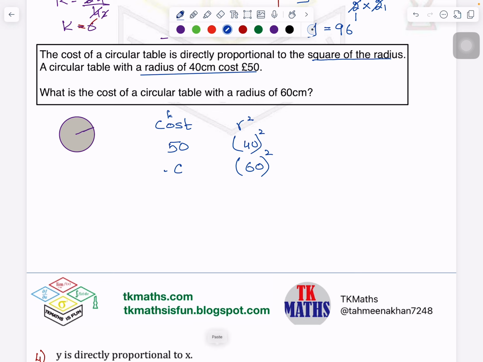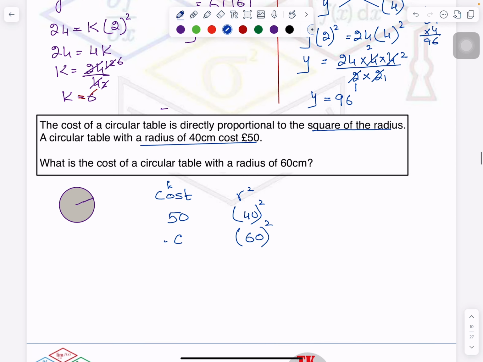Again, because it is a directly proportional relation, you will multiply it like this. It will become 40 squared times c equals 50 times 60 squared.